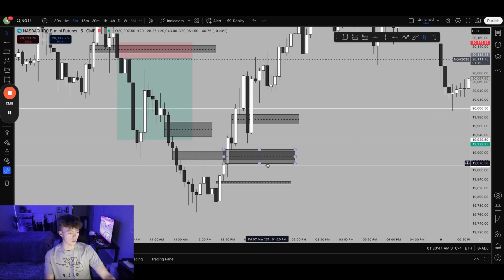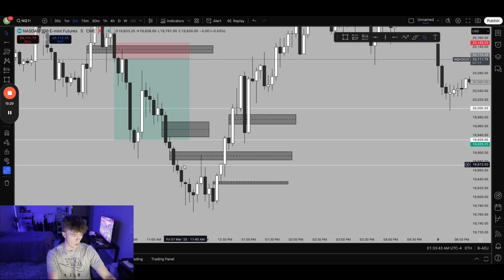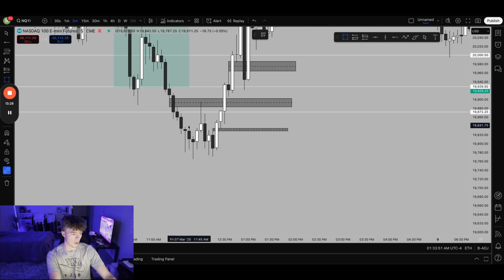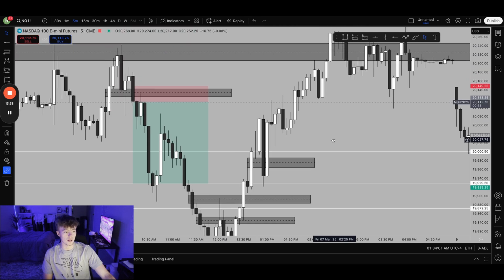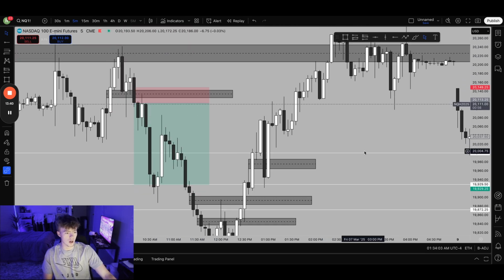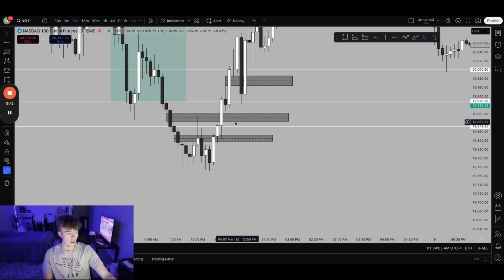So if we were looking, for example, at this one right here, well, guess what? This one is within. If we come down and we sweep these lows and we end up taking a candle closure, we could even do this one because it was more recent, just like my previous point, the more recent ones hold more value, right? So now we just created this fair value gap. If we just swept these lows and we're expecting a movement back to the upside to start taking these highs that we created throughout the day, then we can look for a candle closure above this.